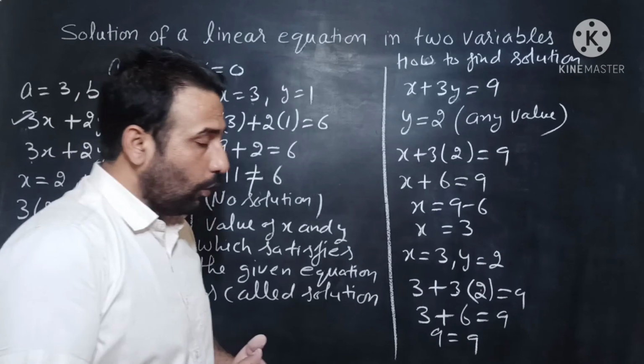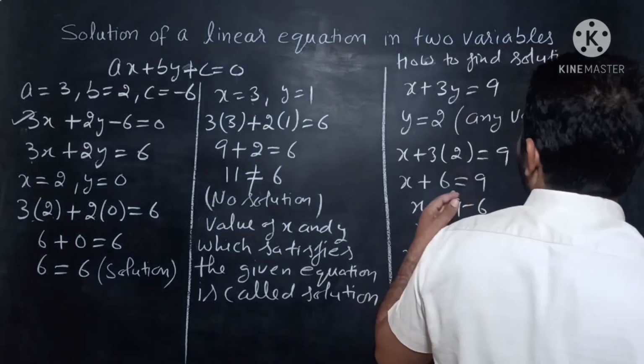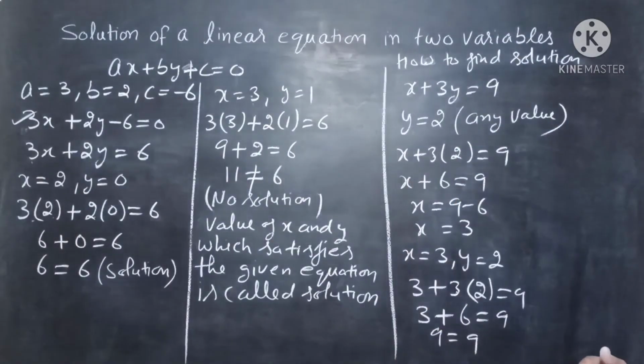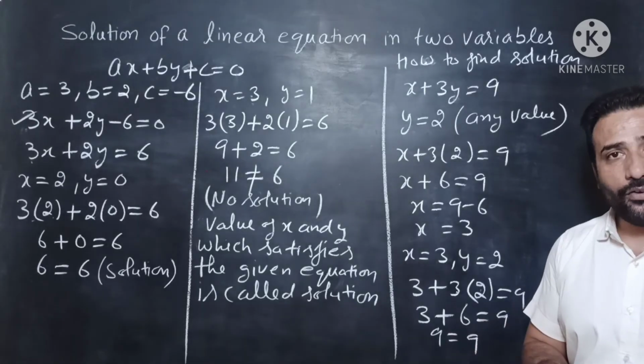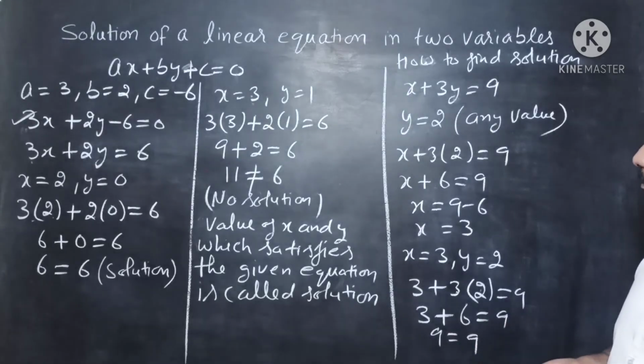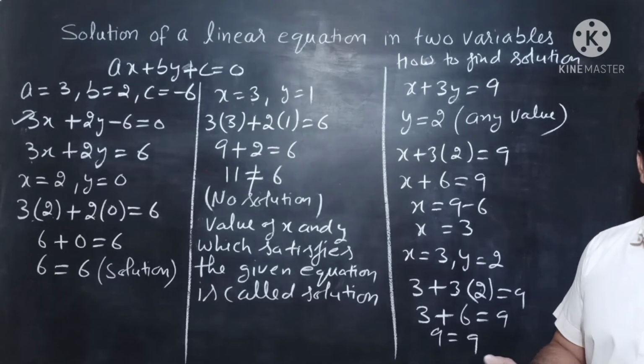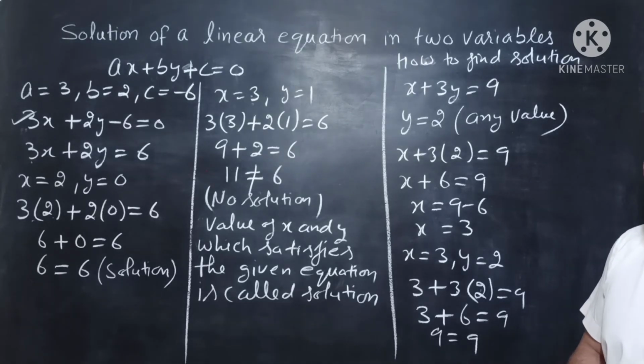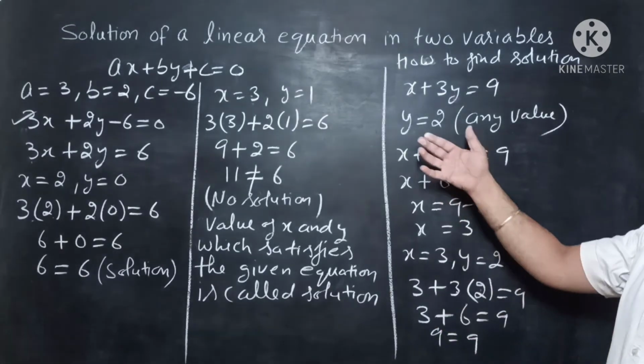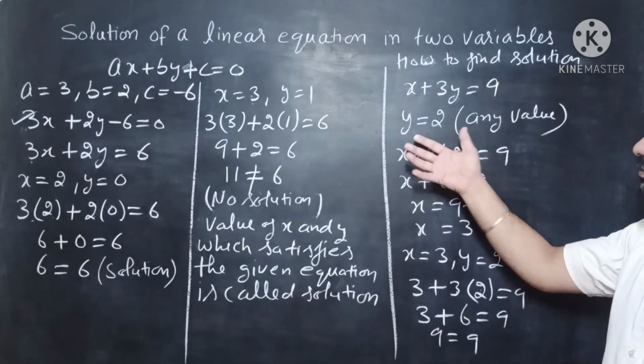Now the question is, how many values can we put? You know that in our school there are many sections, and in one section there are 30 students. In our country there are many students. Every person will put a different value and they can get a different answer.